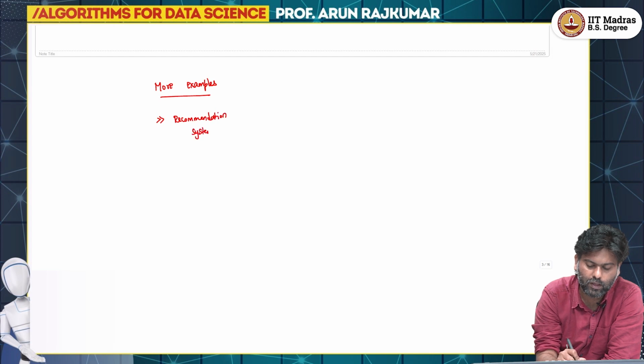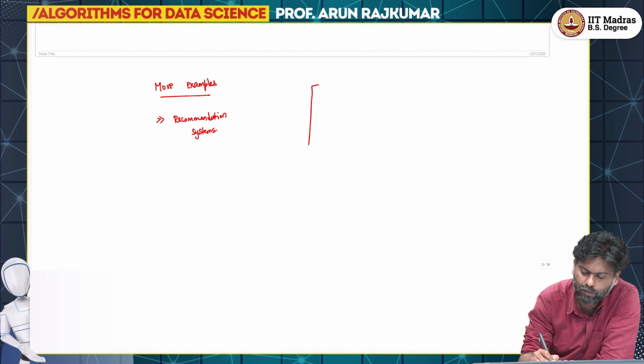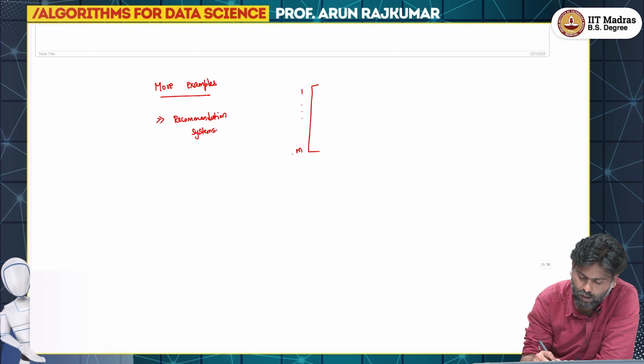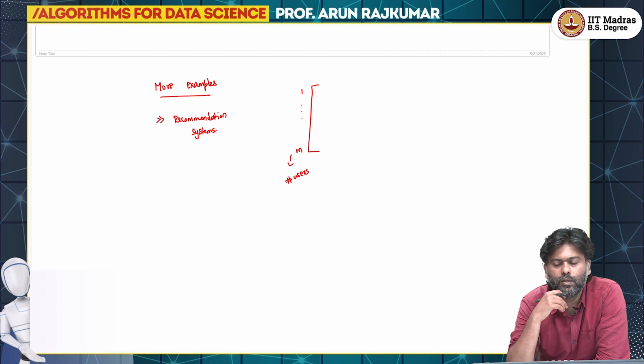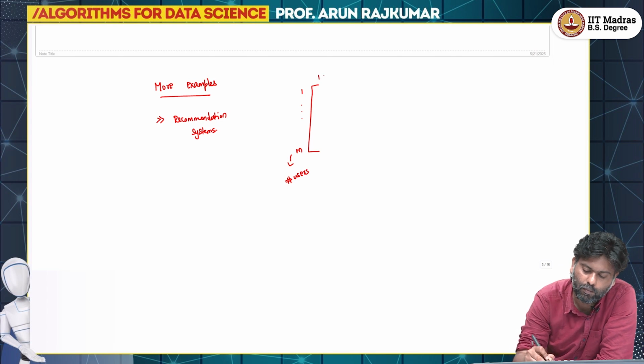So what happens here is that you might have matrices of the form, let's say, I have 1 to M, where M is the number of users. Let's say you're Netflix or some streaming platform, and you have M different users on your platform currently watching movies, and then you have a lot of movies.